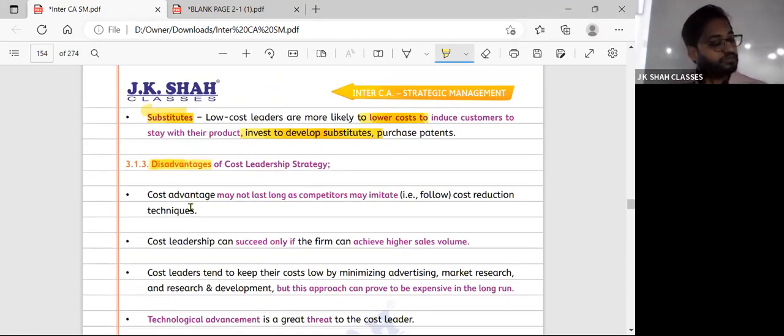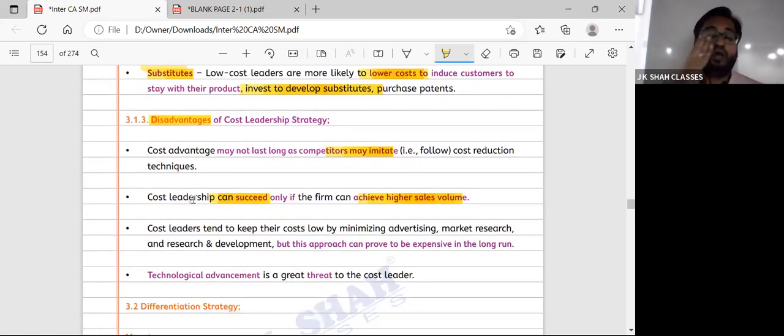Disadvantages. Imitate. You can be successful only when you achieve higher sales volume. Technological change is a threat.